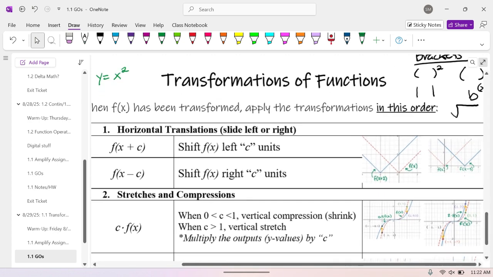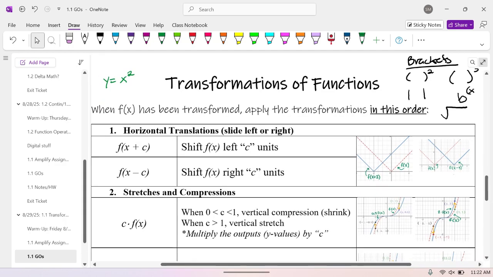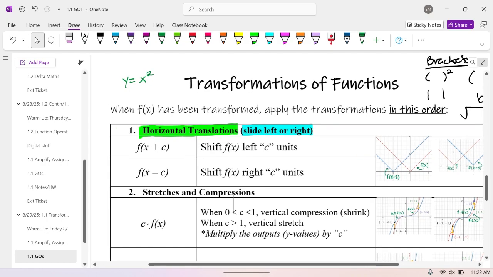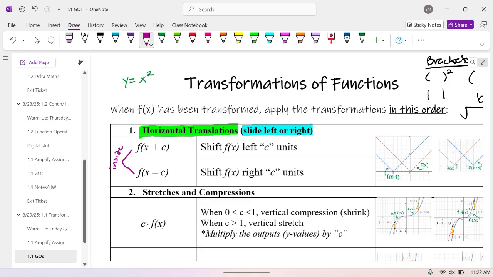So first things first, whenever we're looking for transformations, we first want to look for its horizontal translation, which just means you're sliding either to the left or to the right. Now, this type of transformation will be strictly inside the bracket, all right? So both of these will be inside the bracket. Now, if you are adding a number to x inside the bracket, so c stands for constant, that's a number, all right?